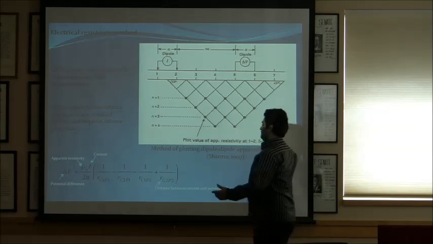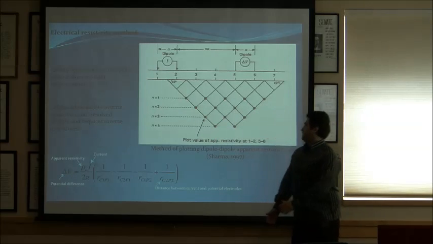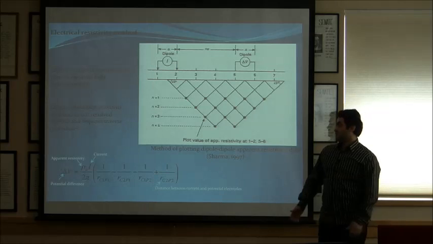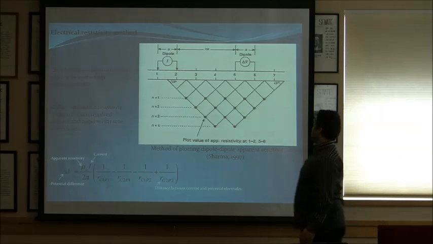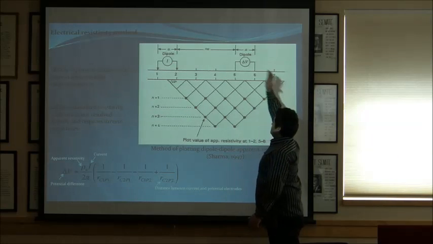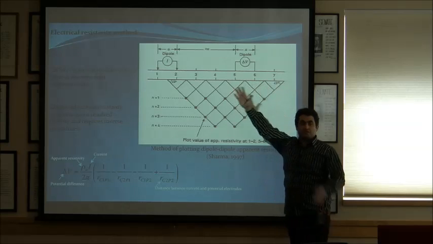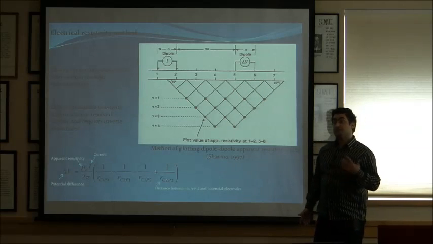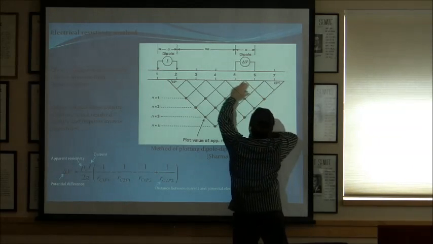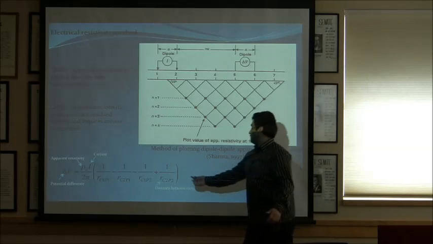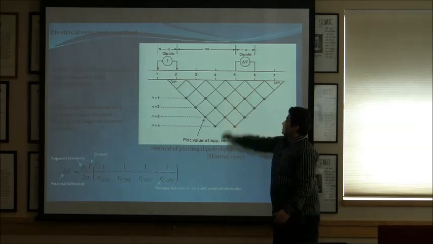The method is fairly simple. It's based on Ohm's law. You inject the current, you measure the potential difference, you get the resistance, and you convert it to resistivity based on the locations of the 4 electrodes that you have.